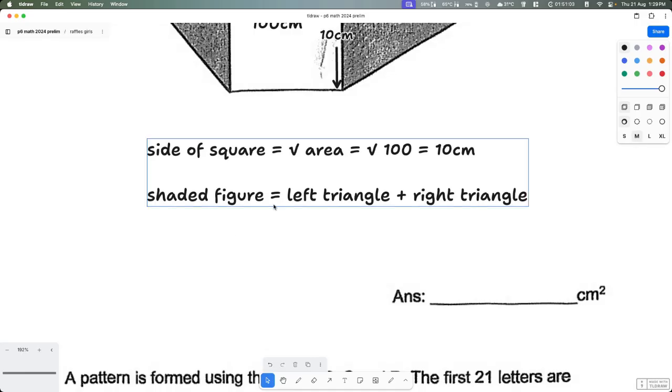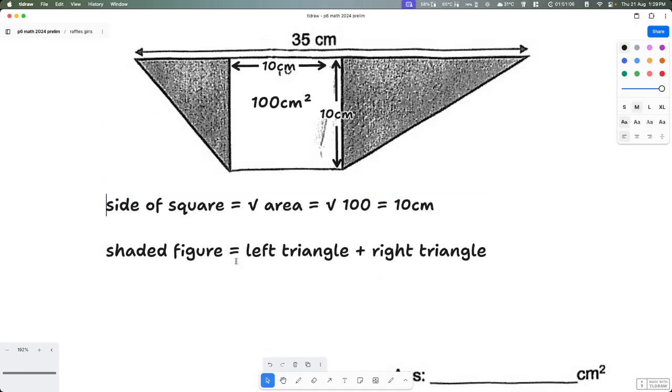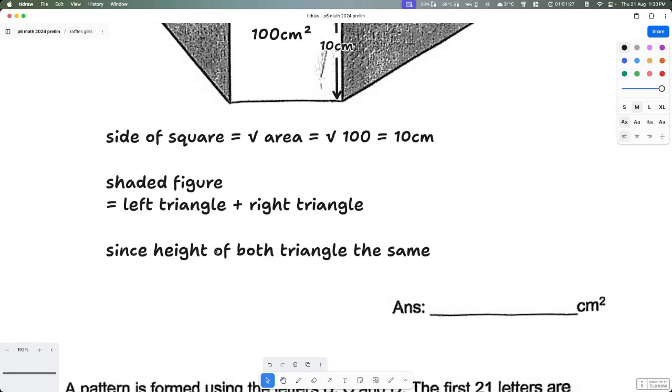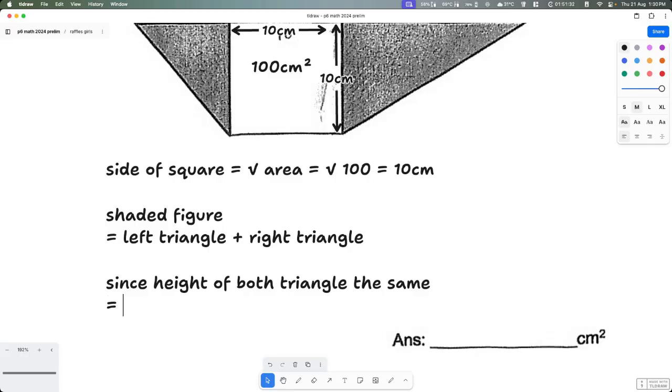Okay, so in this case over here, left triangle plus right triangle. Since the height of both triangles is the same, the left triangle and right triangle will be just one triangle lah. So that means the shaded figure is just one big triangle.